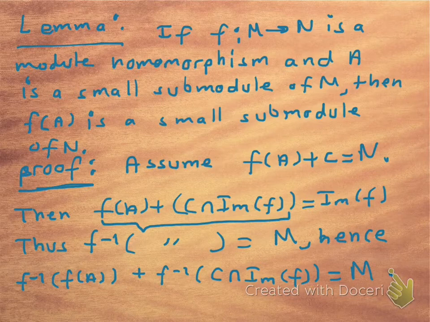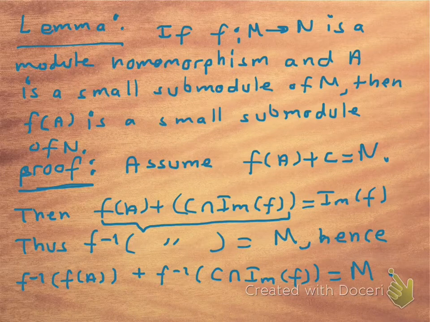First, we will intersect the whole image of F with both sides, and we get this second line here, by modularity, of course.